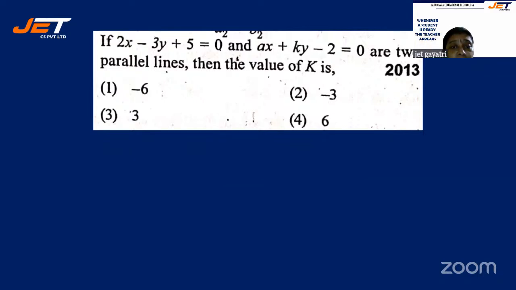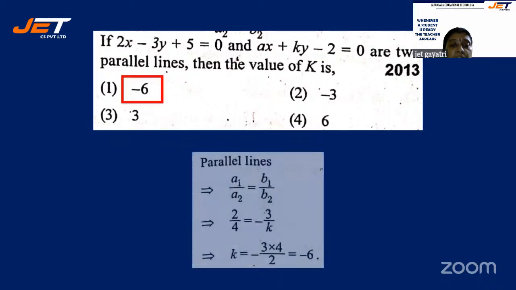The moment they say it's a parallel line, what do we know? If it is a parallel line, then a1 by a2 is equal to b1 by b2. That's the condition that we have learned, isn't it? So what is a1? 2, by what is a2? It is a. Isn't it? a1 by a2 is equal to b1 by b2. What is b1?